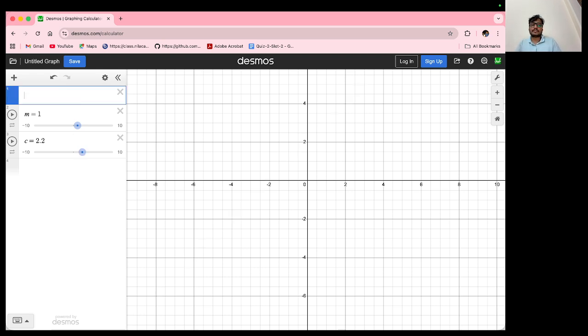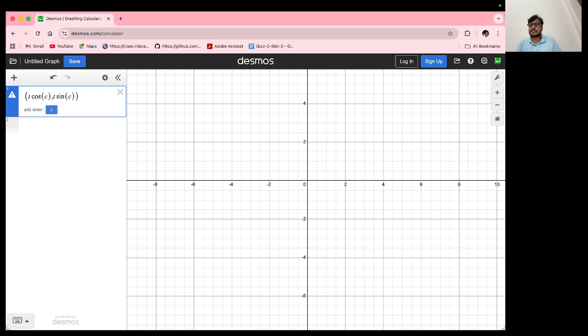Fine. Now let's move into another interesting thing called polar form. Polar form is basically, if a point is located from the origin at a distance of t with an angle c from the x-axis, then the polar coordinate will be (t cos c, t sin c).